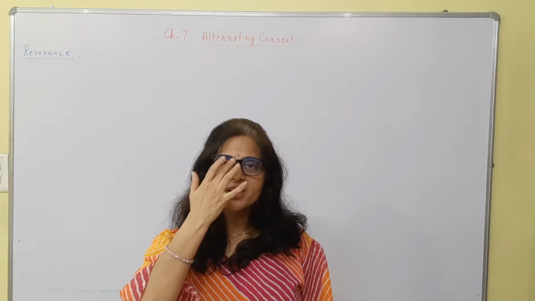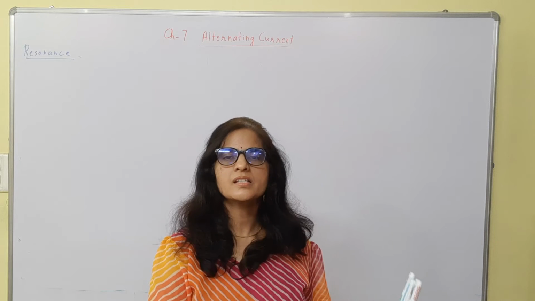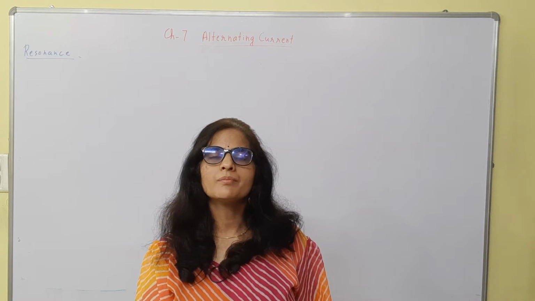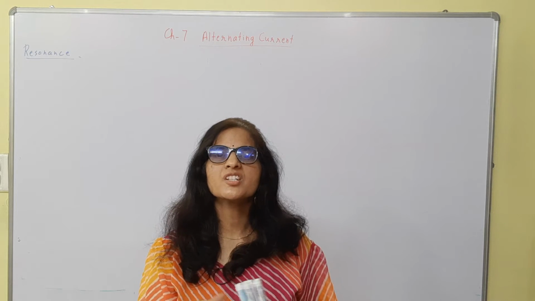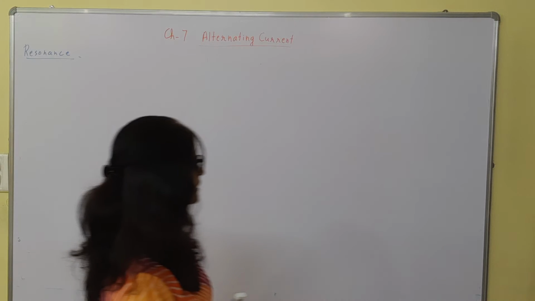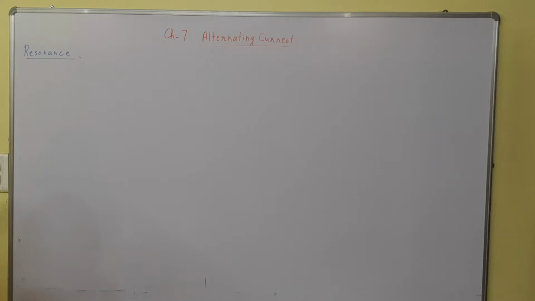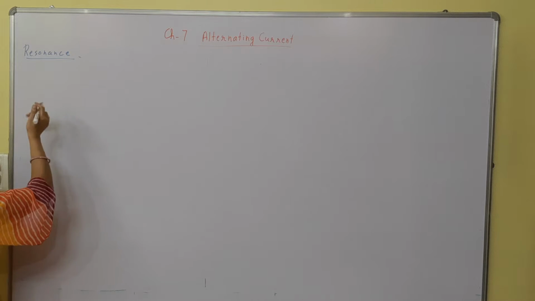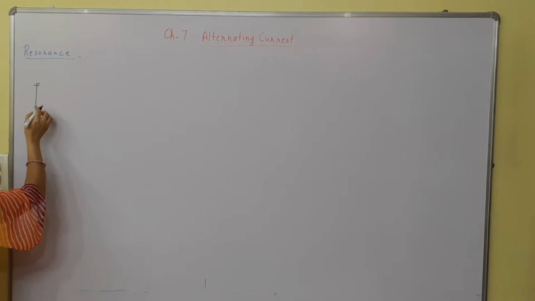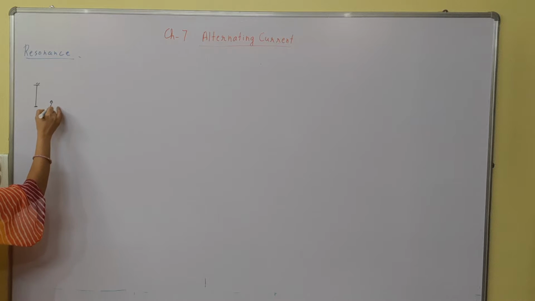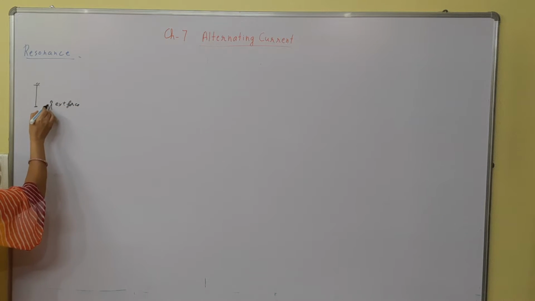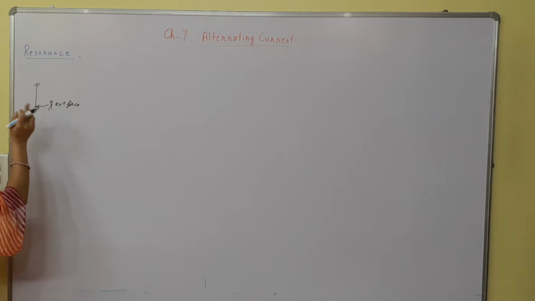So resonance, which you have studied in the mechanical case in class 11th, is when the amplitude of oscillation becomes maximum, then we say that it is a case of resonance. If you remember the case of a swing, it has some natural frequency, and someone, the external force, is giving it a frequency.